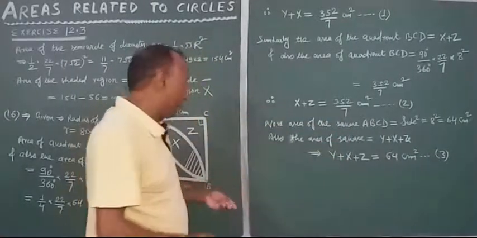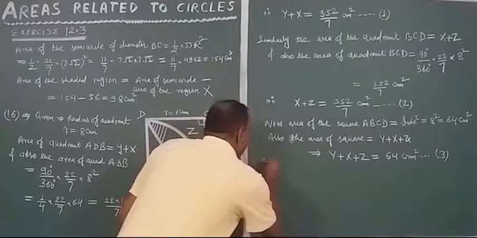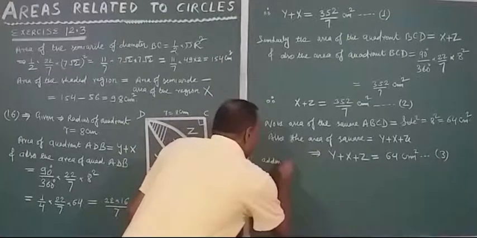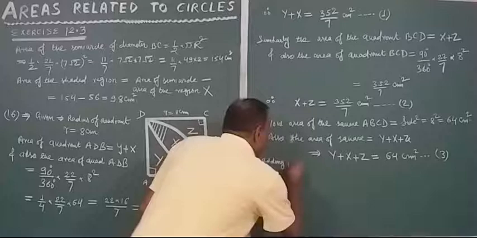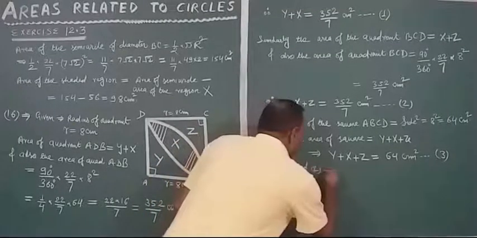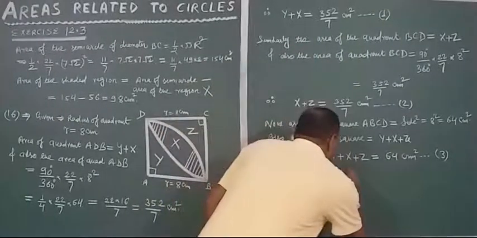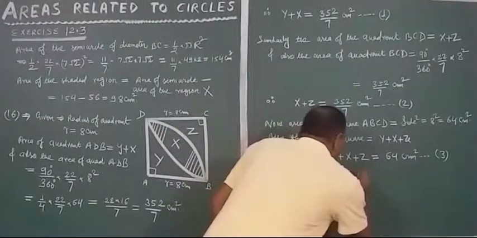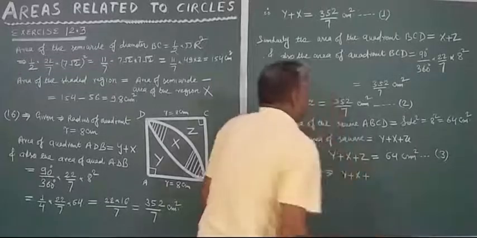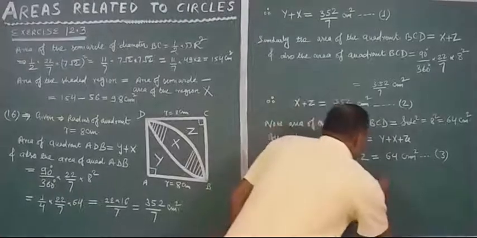Now just look here. Adding 1 and 2. Adding first and second. So now just look what will happen. This is y plus x, and what is the other equation? X plus z.